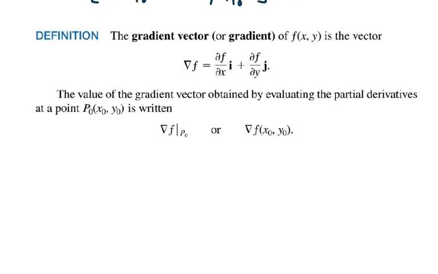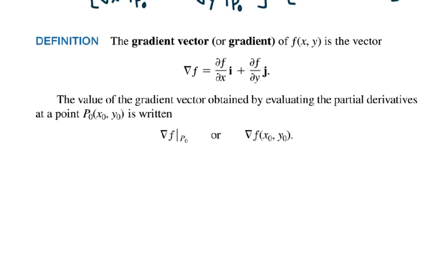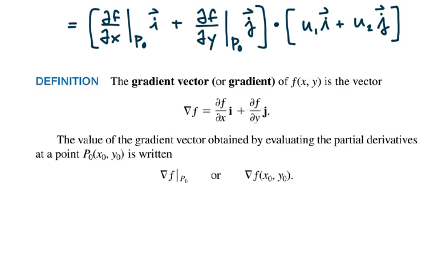So here we have our definition, and I'll actually leave that last step up there for the directional derivative, because you see this that we just calculated showing up down here. So the gradient vector, or rather just the gradient of this multivariable function, is the vector, and we can read it as gradient of f, del f, grad f.